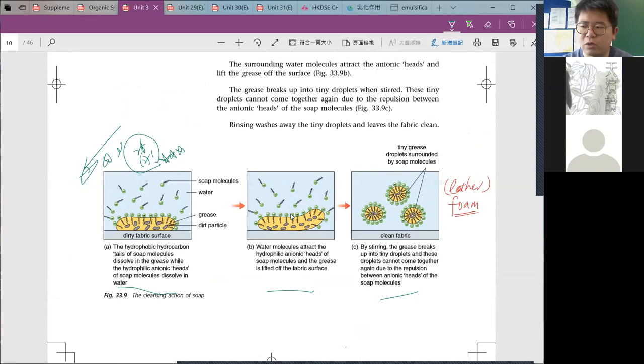So tonight we would have a revision of this chapter by doing some consolidation exercise. Right? And do you still remember this morning I asked you guys to have a comparison of addition polymer and condensation polymer? Okay, I will give you the whole morning to come up with a comparison table.